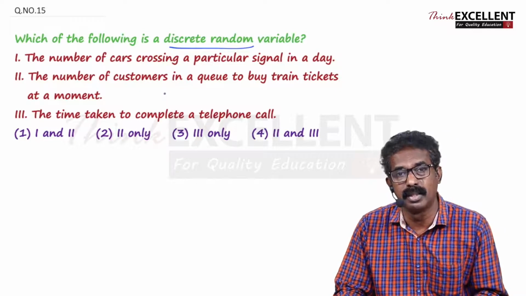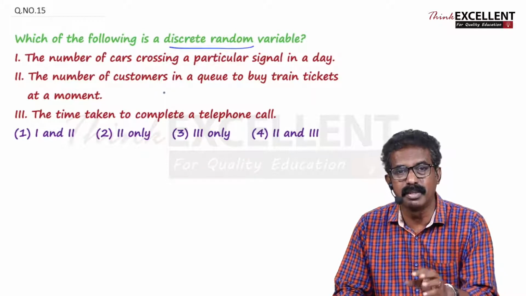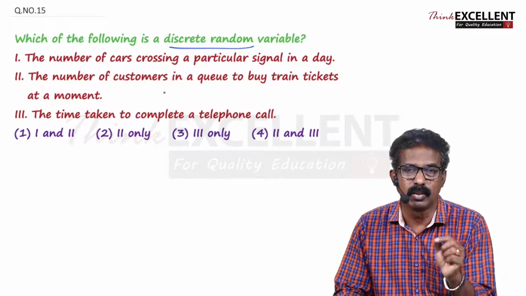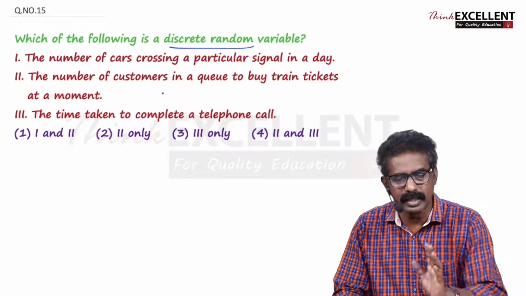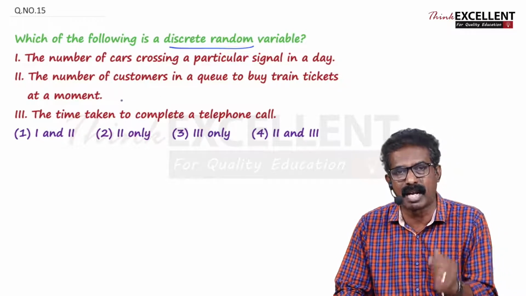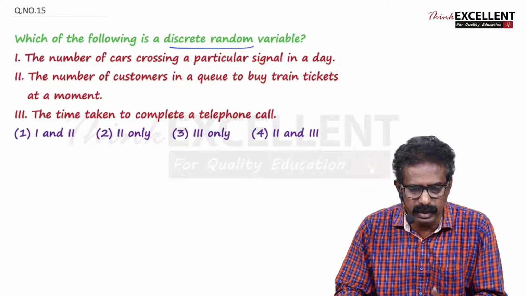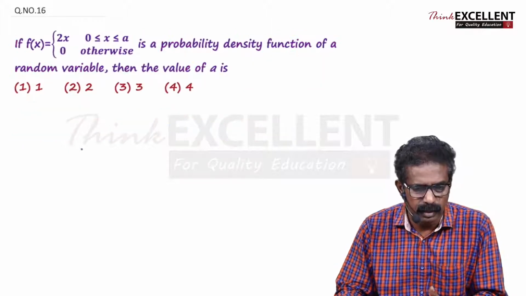Maybe 1 hour or 30 minutes or 20 minutes or few seconds, so 1 minute 12 seconds. It can be any value, a fraction of seconds you can say. So that is continuous. So the first and second are discrete.